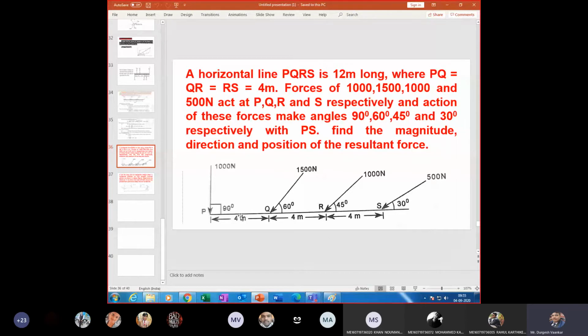With respect to this PS bar, the forces act at these angles. Next, find the magnitude, direction and position of the resultant force. We have completed the magnitude. What about the direction, ma'am? How to calculate this direction?